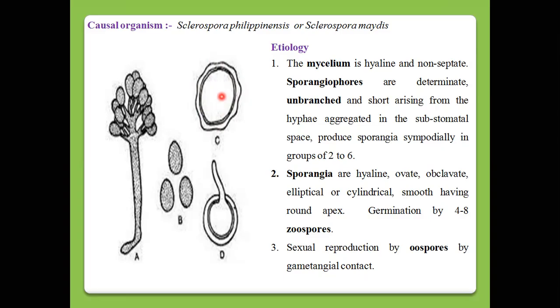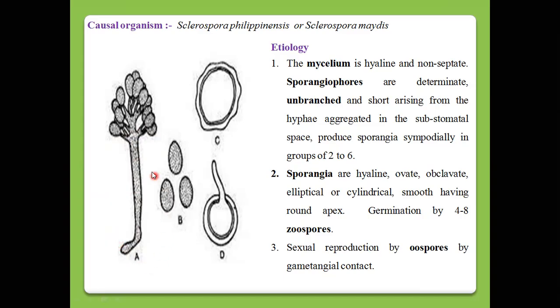Then this fungus can also reproduce by the asexual method, which means the mycelia germinate under favorable conditions to produce a structure known as the sporangiophore. This sporangiophore is unbranched up to the 3/4 portion.